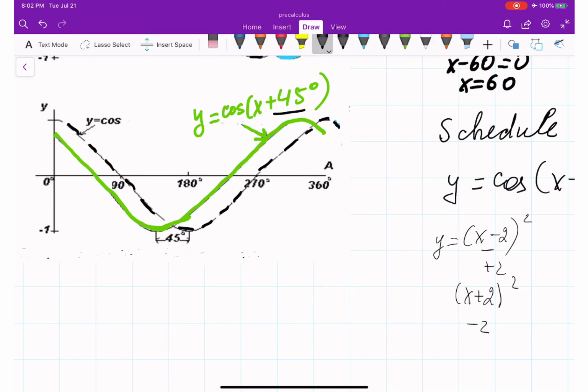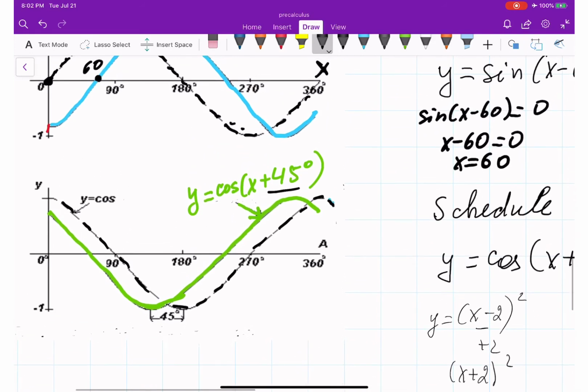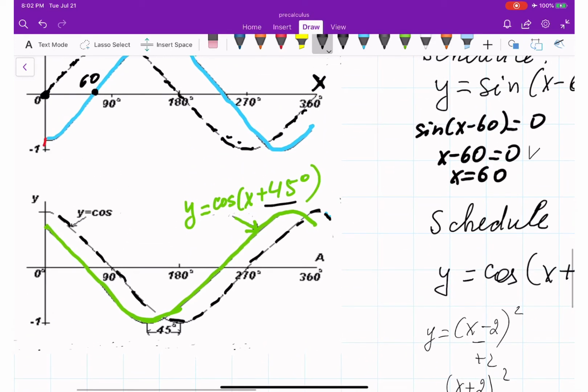X is usually shifted in the opposite direction for this basic reason: when you assign x and set the term to 0, you get the opposite sign. But y changes plus and minus the way it's given. If it's plus, then you move up. If it's minus, then you move down. We will explore that also.